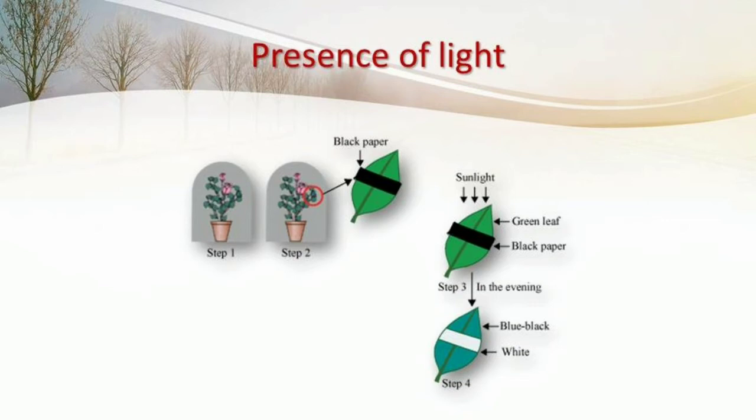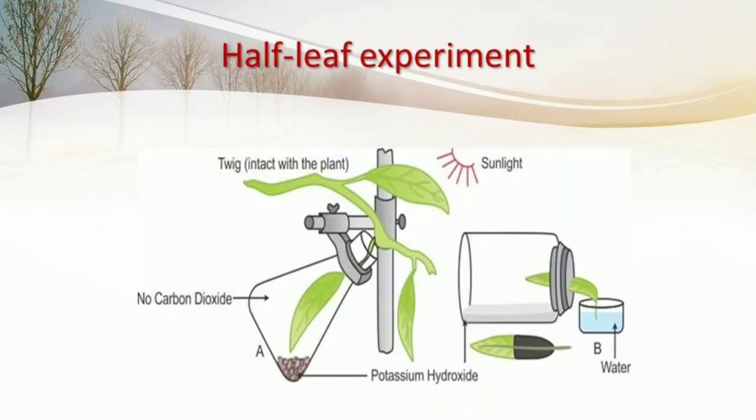In another experiment, the half leaf experiment, you take a leaf and dip half of the leaf in a solution containing potassium hydroxide, and the other part of the leaf you just leave in the air. You leave this for some time. After some time the part in the air will test positive for starch, while the other portion that is in the tube will test negative.